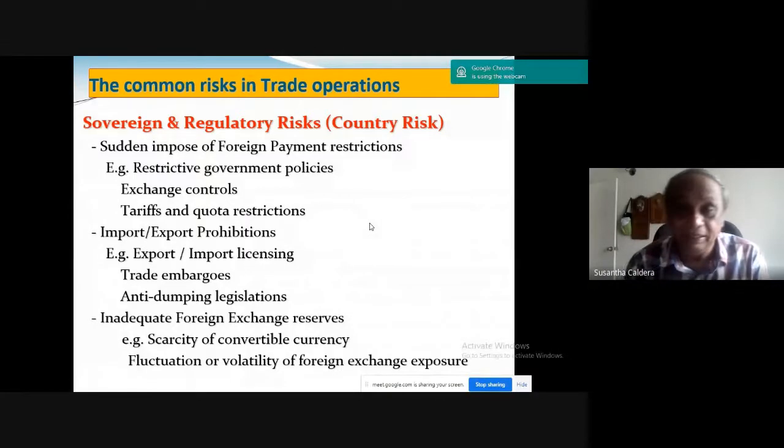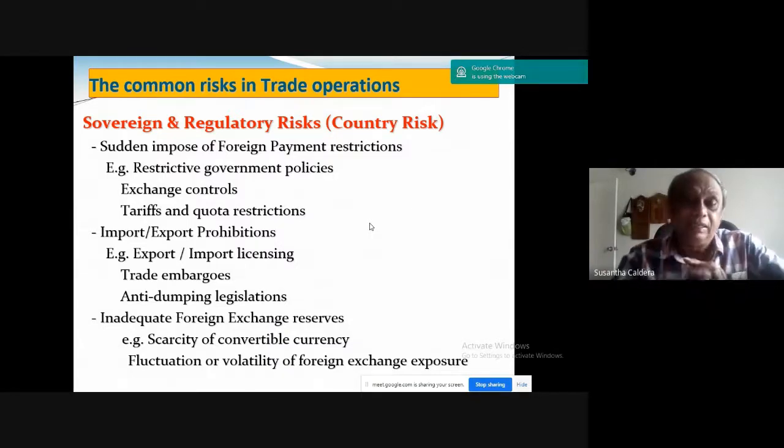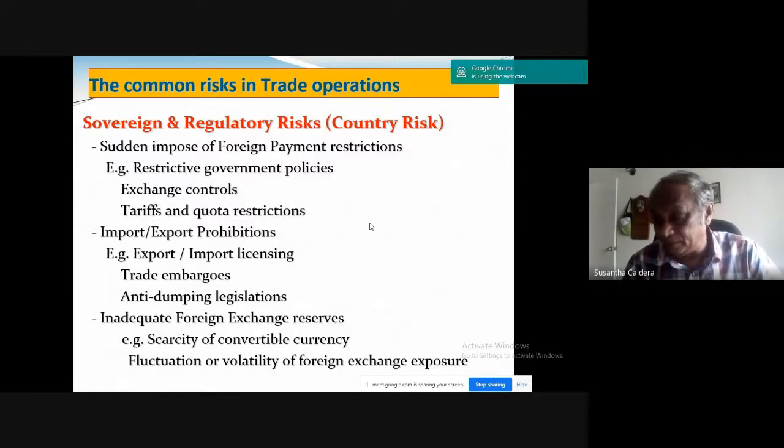Right? Then trade embargoes. Then anti-dumping legislation. What do you mean by anti-dumping legislation? Certain countries have anti-dumping legislation.